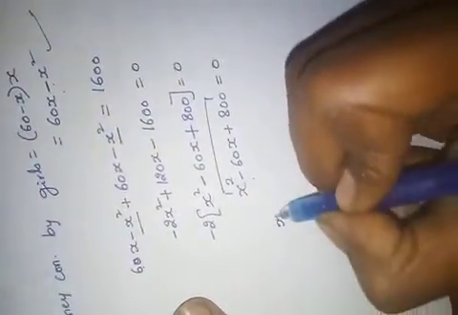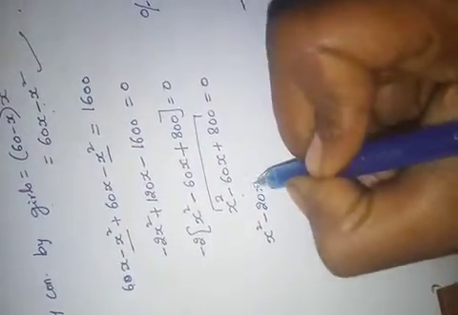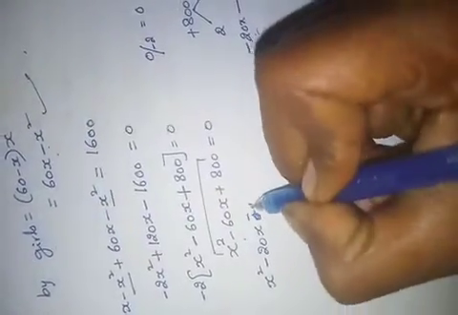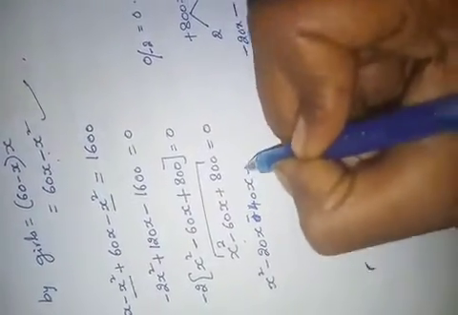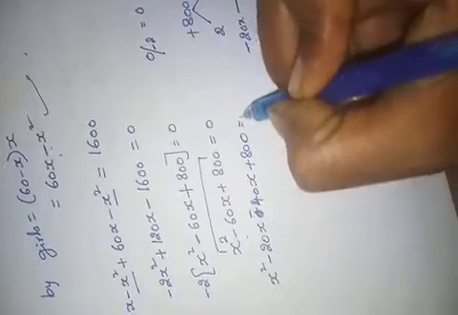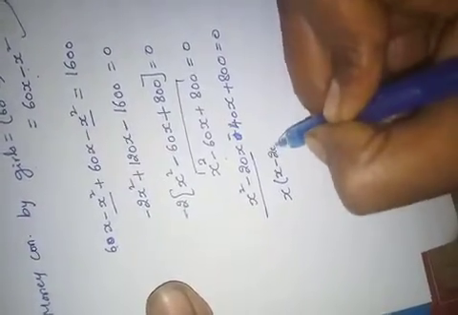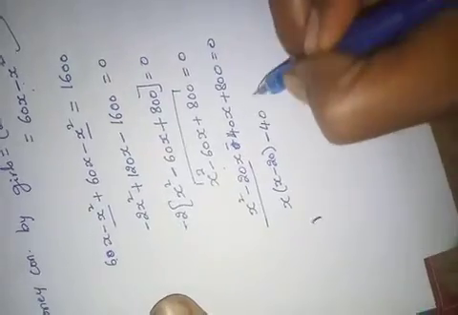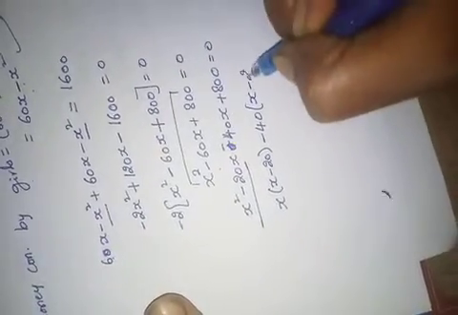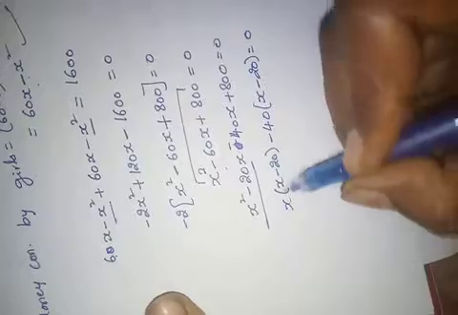Now what does the equation become? x square minus 20x minus 40x plus 800 equals 0. Take x common. x minus 20. Here again minus 40 is common. x minus 20 equals 0.